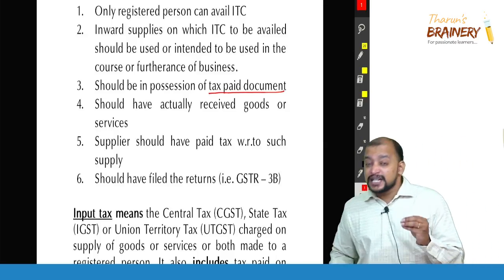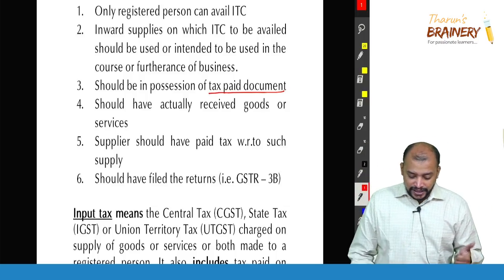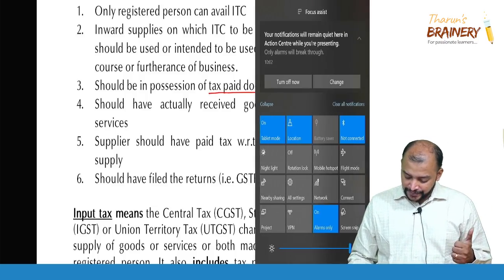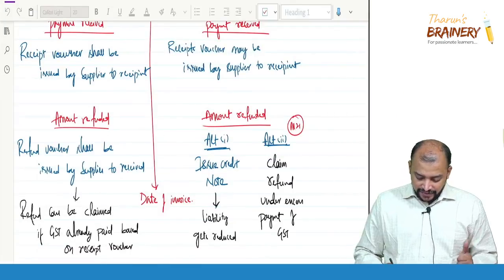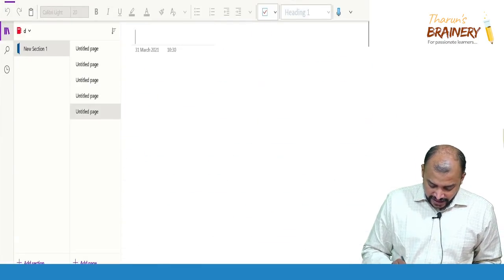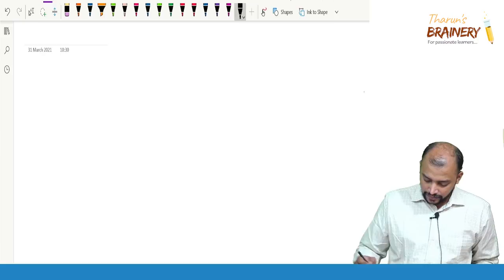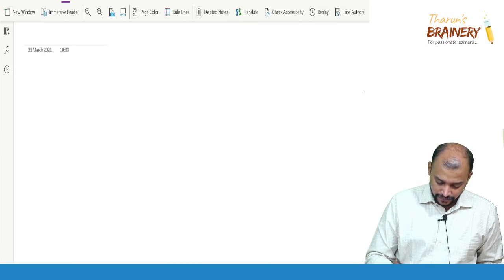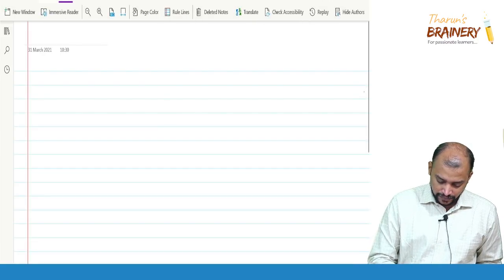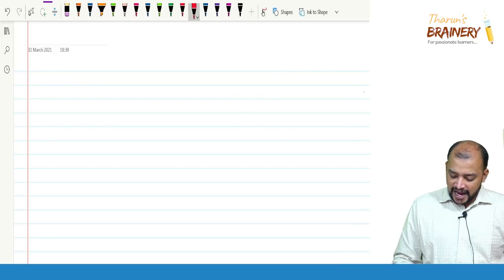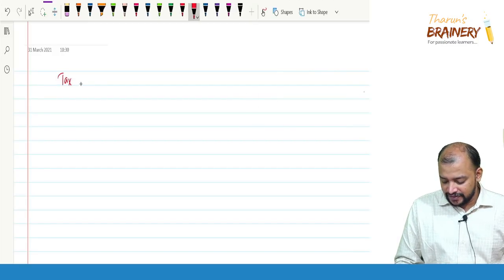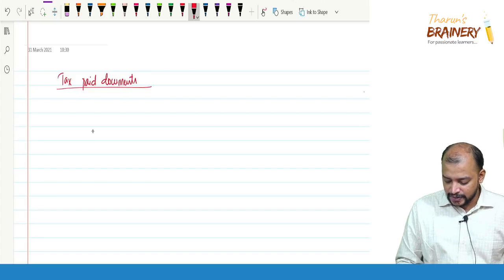So what are the various tax paid documents? Number 1, invoice by supplier to recipient.